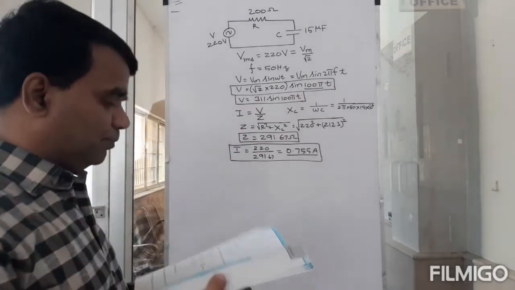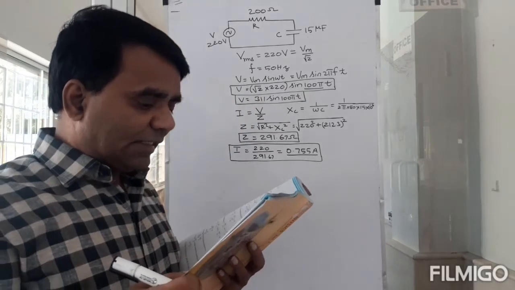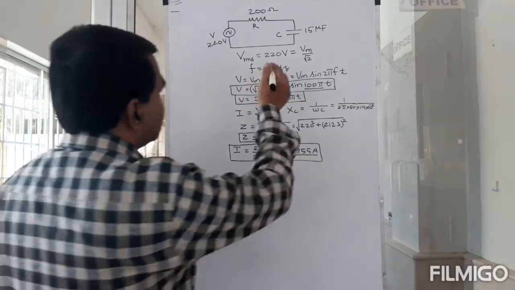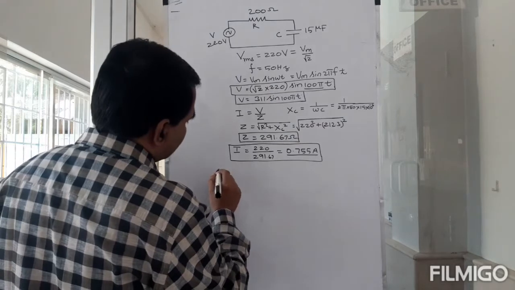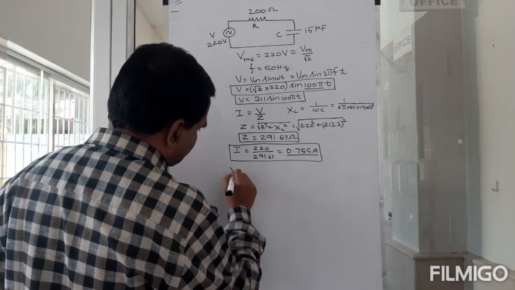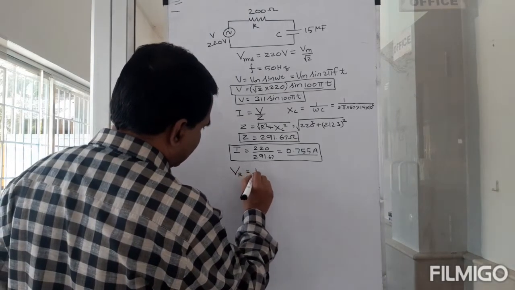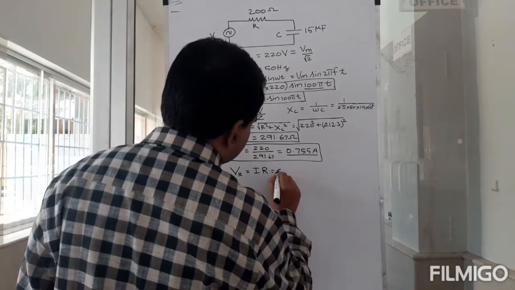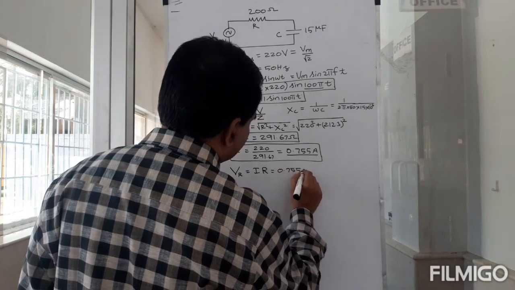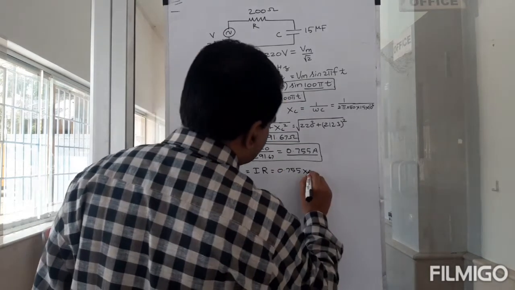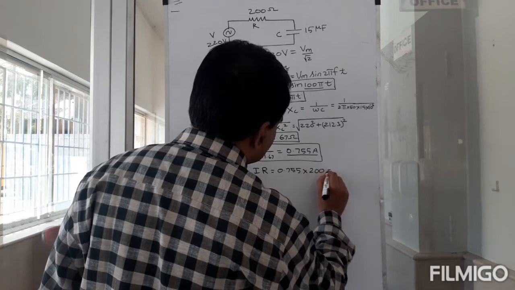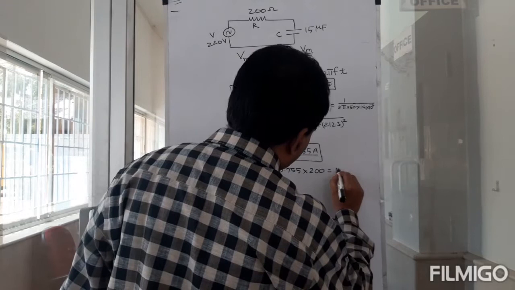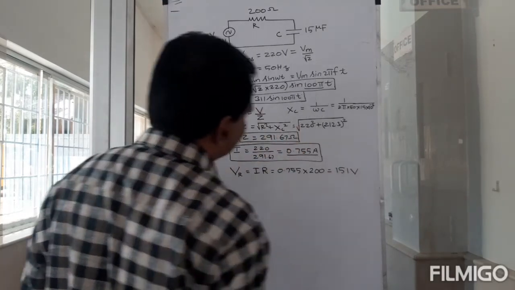Now the second part: calculate the voltage across the resistor and the capacitor. What's the voltage across the resistor? VR is equal to I into R, so 0.755 into 200, which gives me 151 volts.